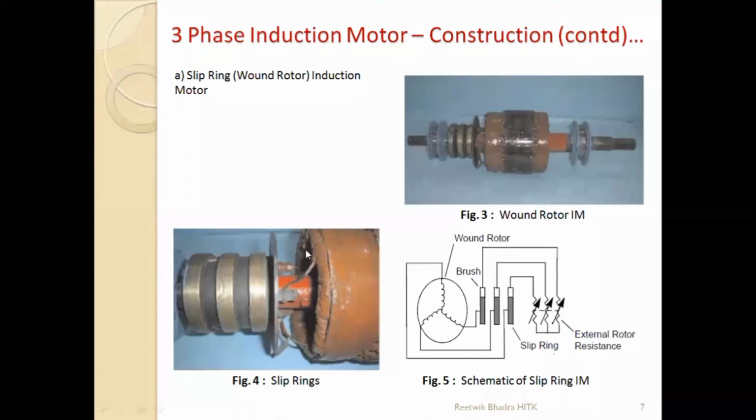You can't see the wire here, how these connections are taken out. If you see this fifth figure, you can observe the rotor windings. Three-phase windings are taken out and connected to three slip rings because there are three phases, and brushes are used to make contact with the external resistors.